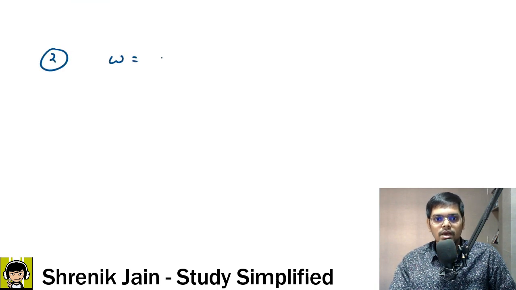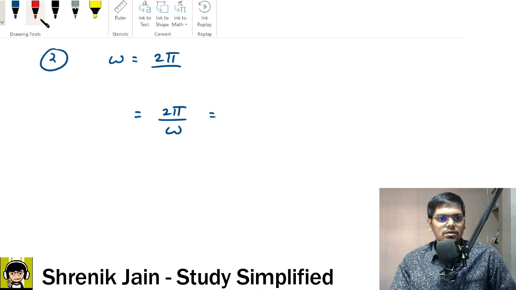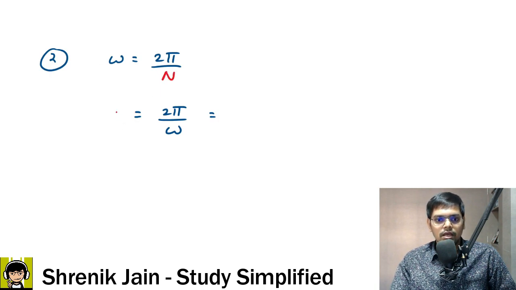Since we know omega is equal to 2 pi by T, if we rearrange, T is equal to 2 pi by omega, and since T should not be written, they are treating T as capital N. So as per their notation, if they are saying capital N, okay, so 2 pi by omega was how much?